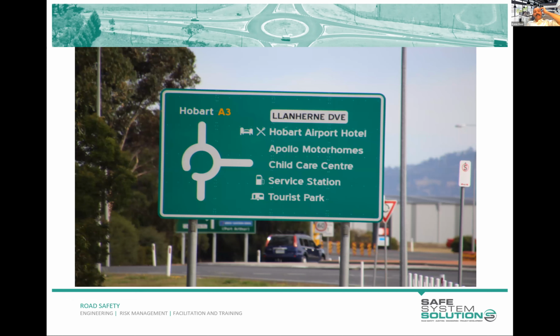And this is one that I was looking at out of Hobart Airport, Hobart International Airport, by the way, where you get your rental car and you drive out, you drive along for a bit, and then the first roundabout you hit is this.